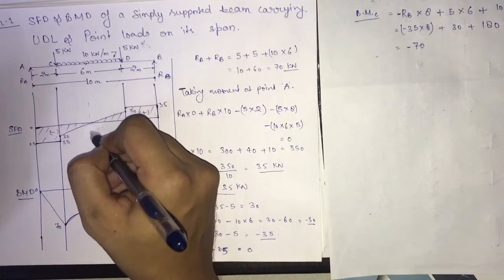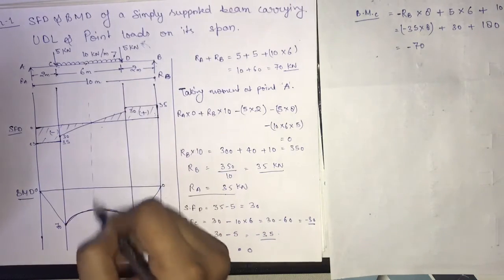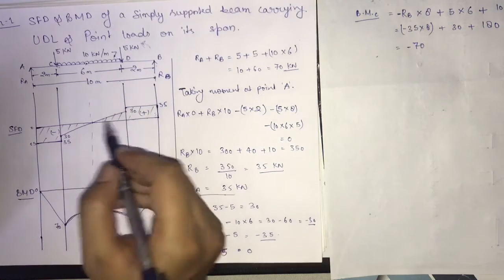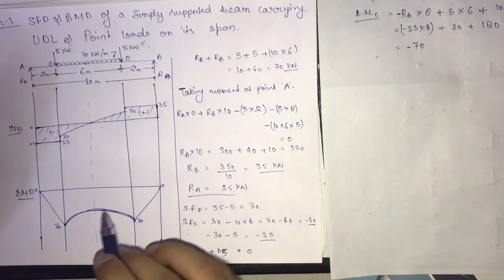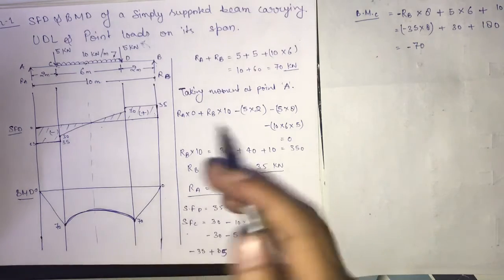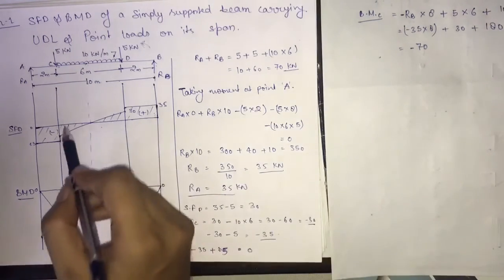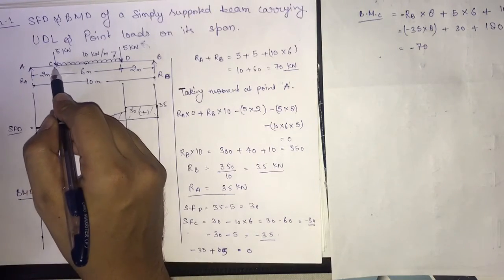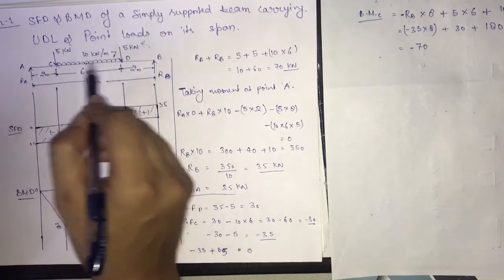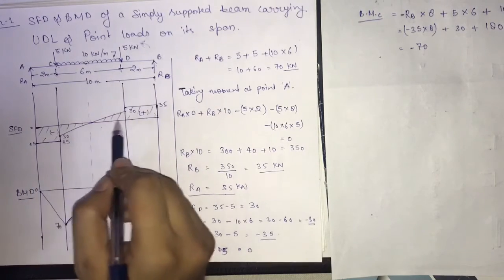So let's find the point of contraflexure, and at that point the bending moment will be maximum, and we will get the maximum value of bending moment from that point. As you can see, the beam is symmetrical, and the UDL acting on this 6 meter span is also symmetrical.